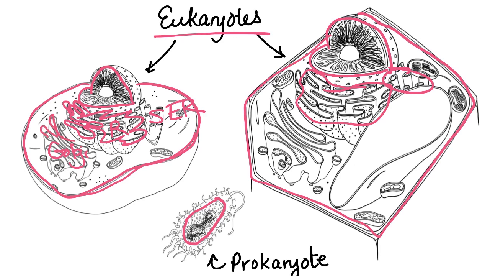So all of this is membrane. We're also going to have vesicles. Those are going to be responsible for transporting materials, and the organelles that are responsible for energy transformation, the mitochondria in the animal, and then in the plant we've got mitochondria and chloroplasts.